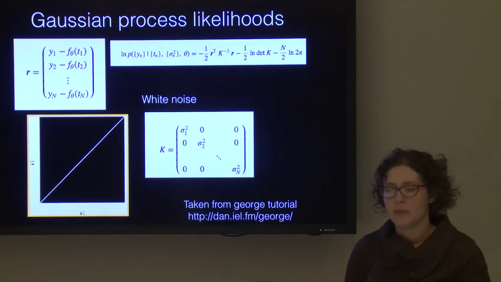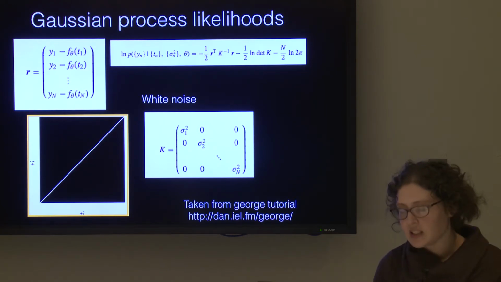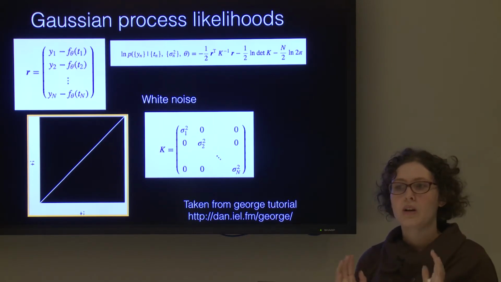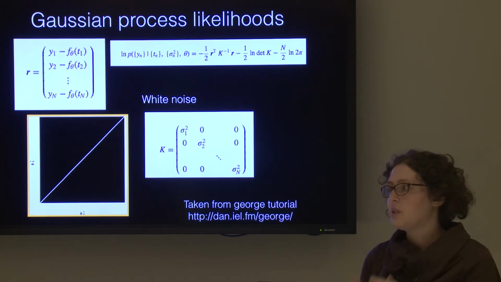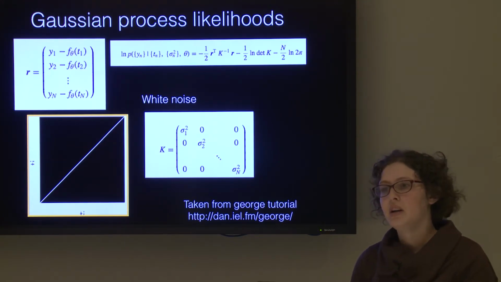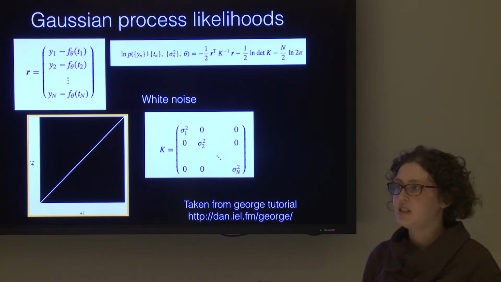People have been able to speed it up a bit, but it's still a lot more computationally intensive than using the wavelet technique, and quite more computationally intensive than just assuming that there's white noise. I believe that's one of the reasons that people don't always use one of these.